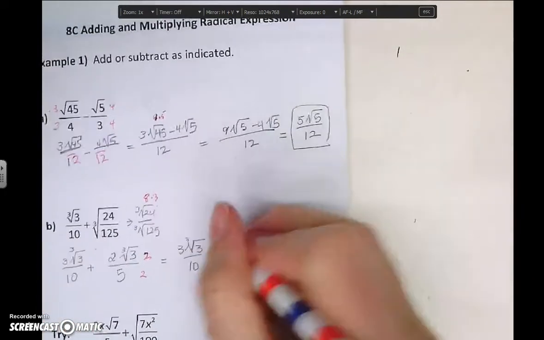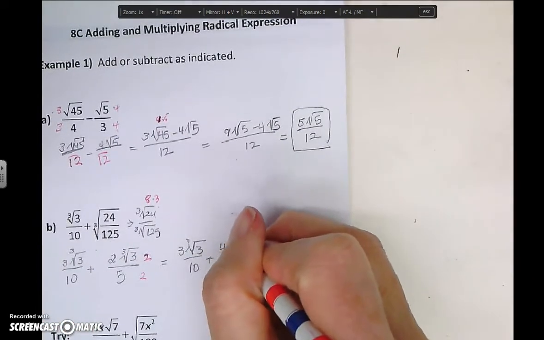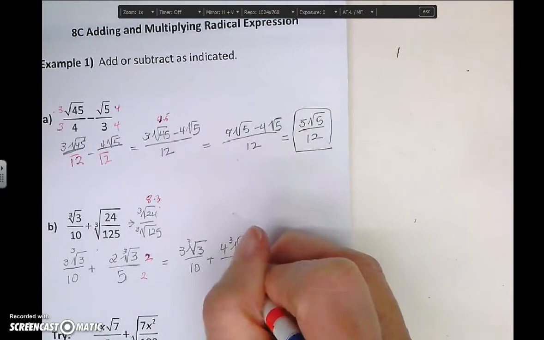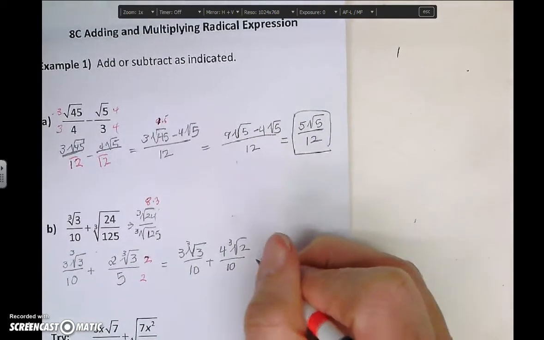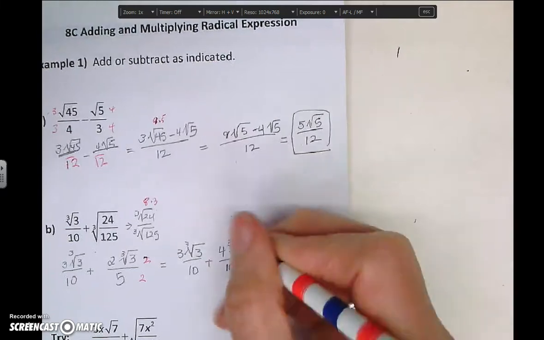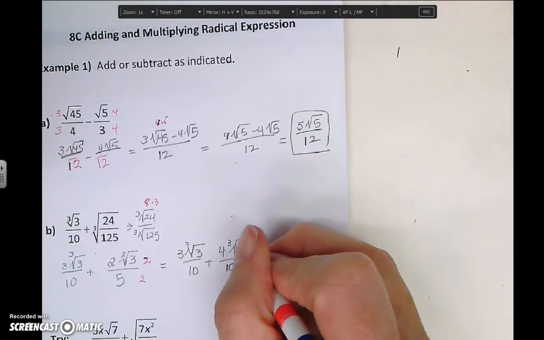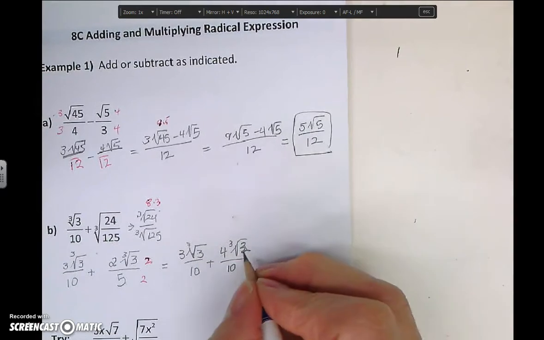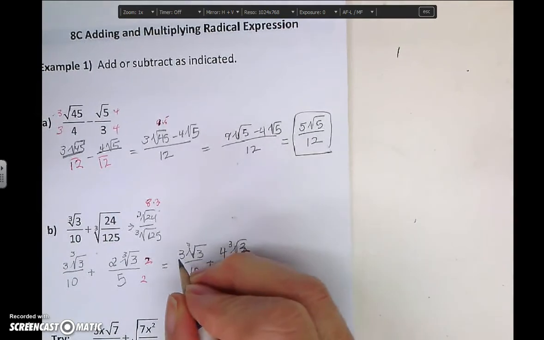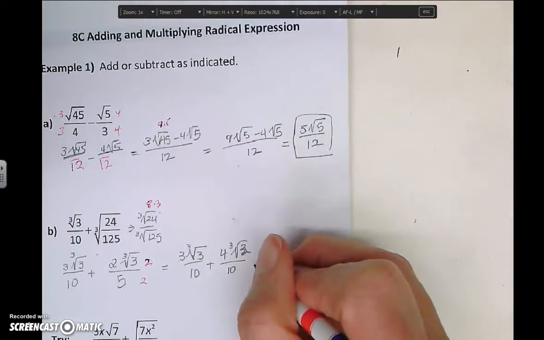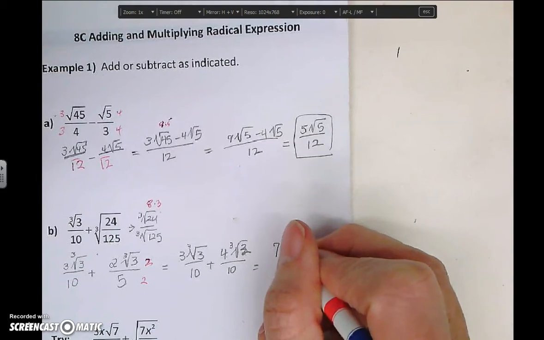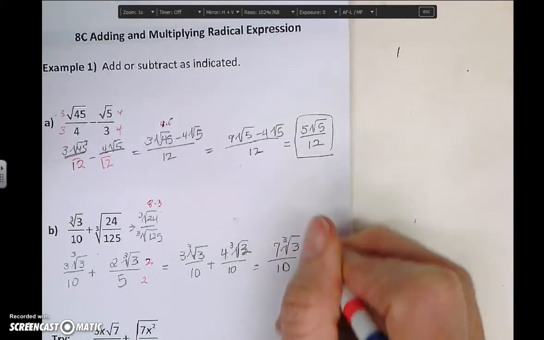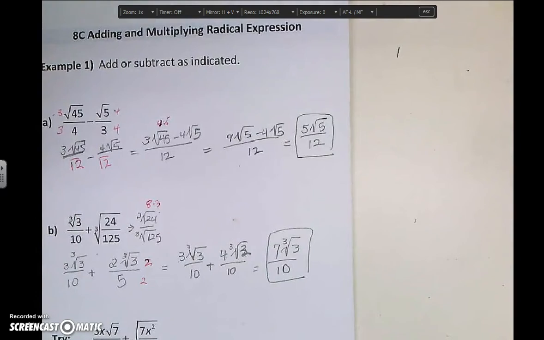So that would be 4 cube root of 3 over, and then 2 times 5 is 10. So there's a cube root of 3. So now I have like radicals, cube root of 3, and so I'm going to add them. 3 plus 4 is going to be equal to 7 cube root of 3 over 10 for my answer.